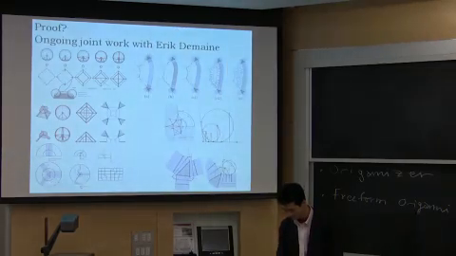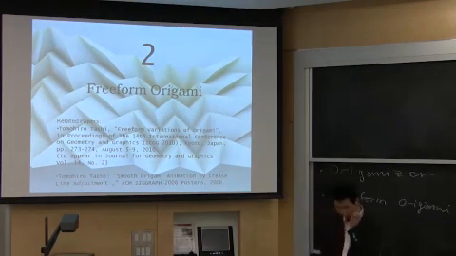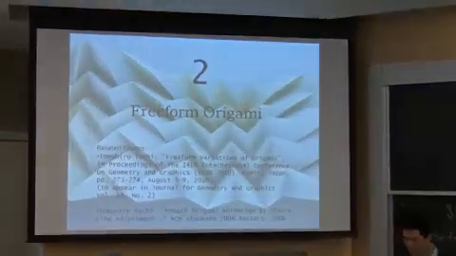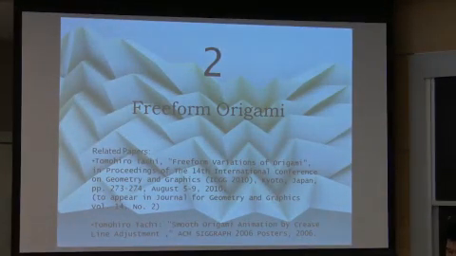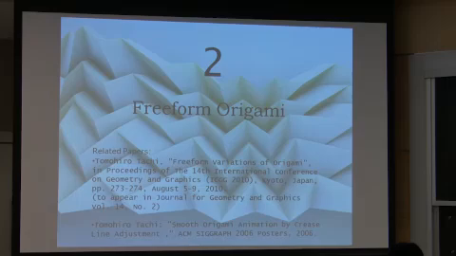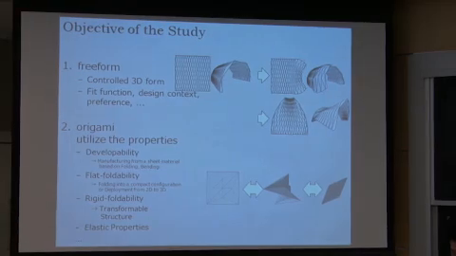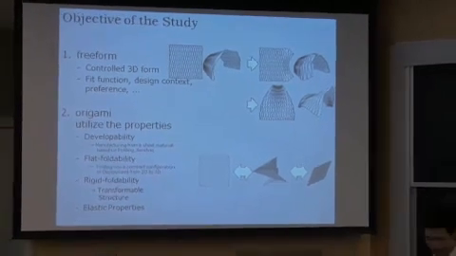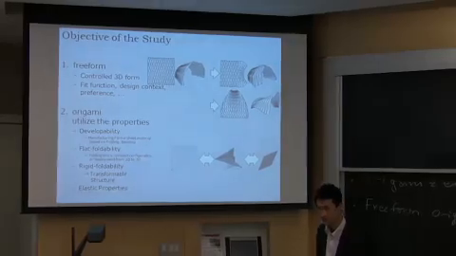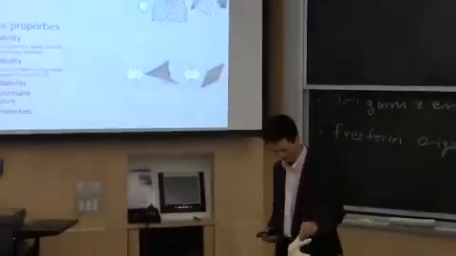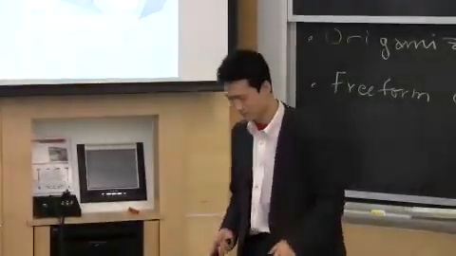Okay. So let's move on to the next topic and software, which is freeform origami. The objective of freeform origami is that we don't want to spend too much time making these kinds of 3D forms.